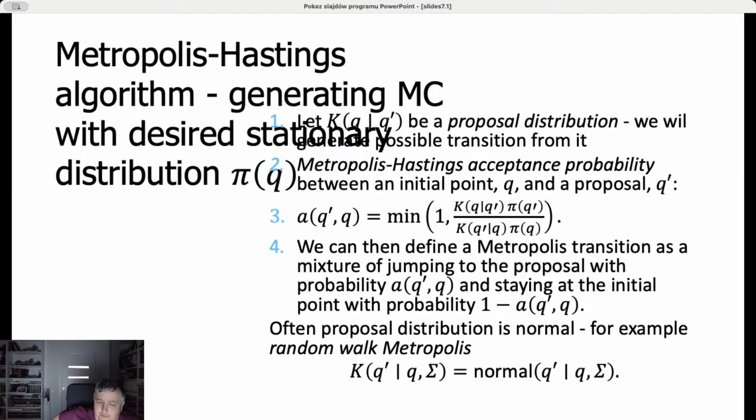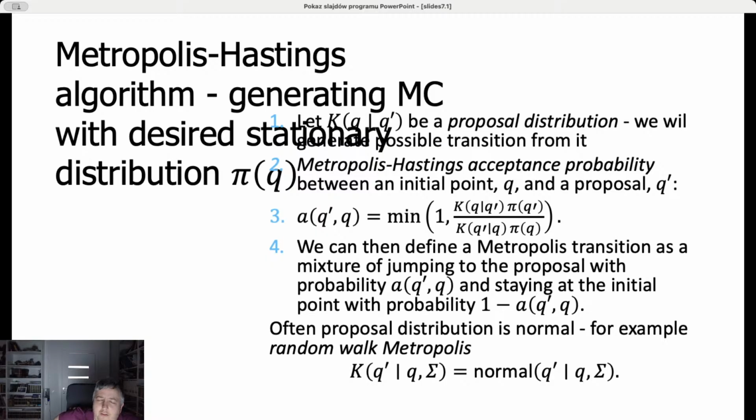The idea is that we cannot get samples from the distribution that we want, because it's complicated. We can, however, evaluate its density function, or at least something proportional to the density function, at a given point.